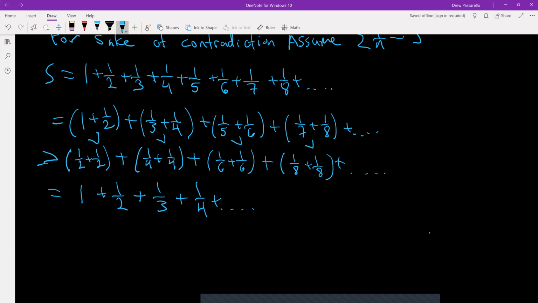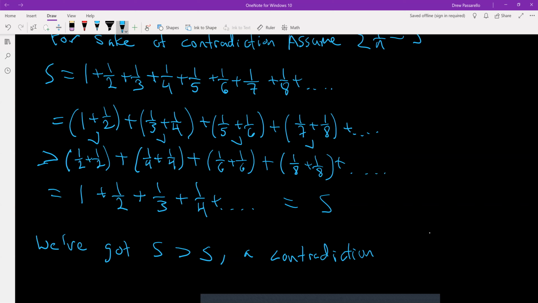So this is s. And so we got s being bigger than s, contradiction. All right, so therefore it diverges.